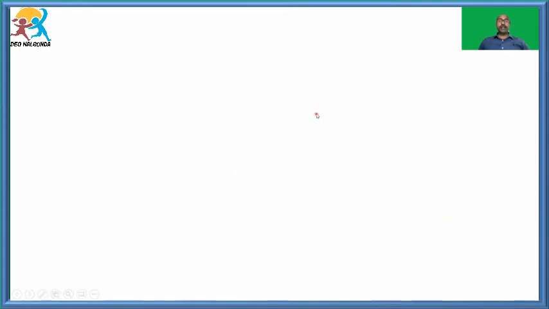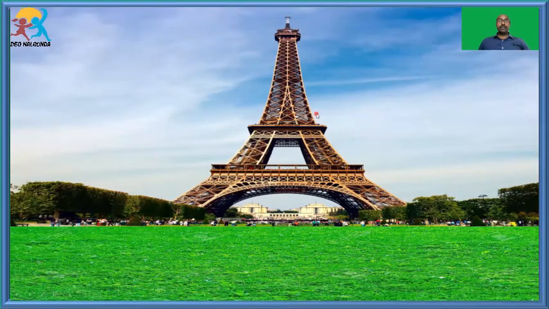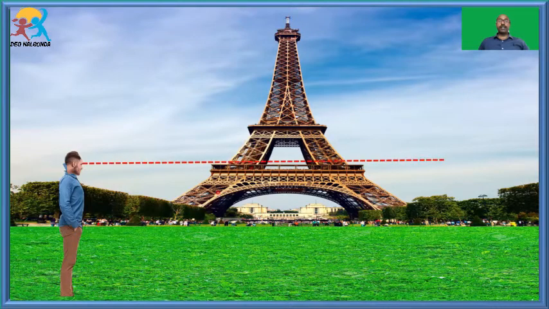Next, do you know this? It's the Eiffel Tower, isn't it? Now this person who is looking horizontally starts looking at the top of the tower, like this.